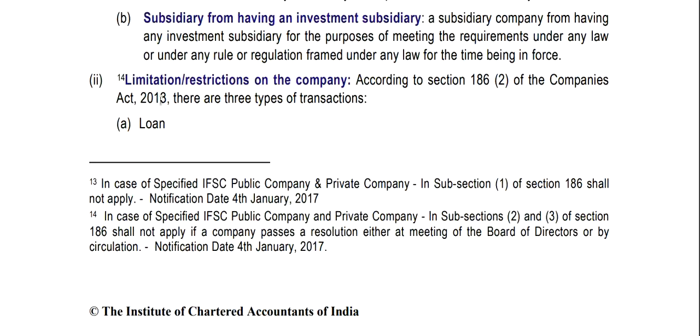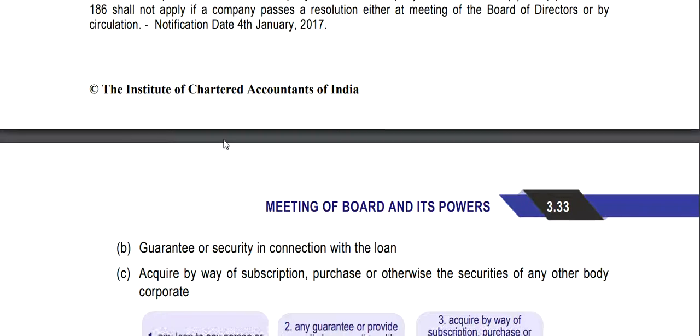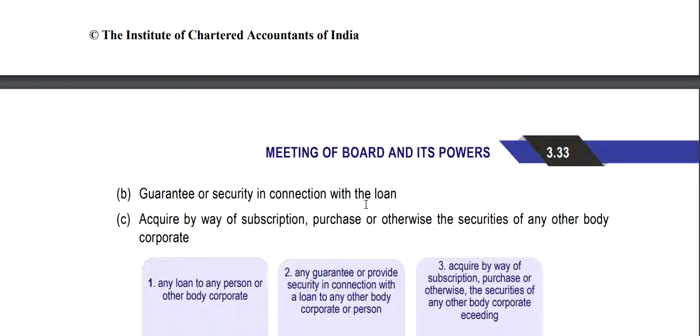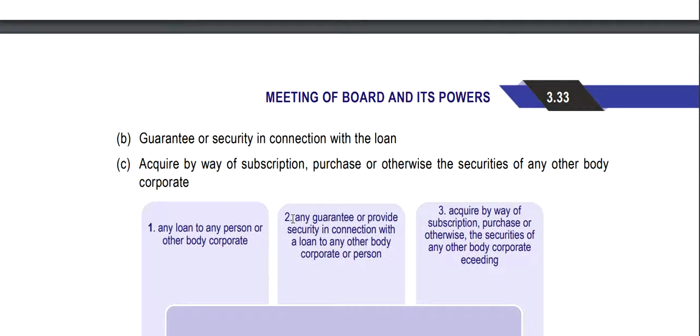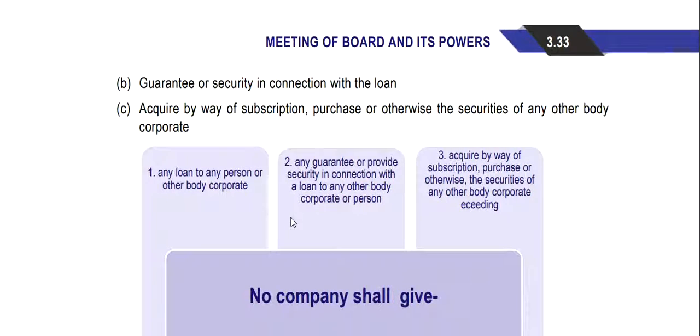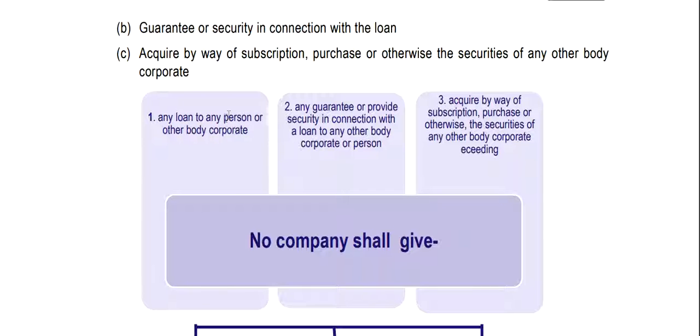This is very important. Section 2, limitation or restriction on the company. According to section 186 subsection 2 of the Companies Act 2013, there are three types of transaction: loan, guarantee or security in connection with a loan, and acquiring by way of subscription, purchase or otherwise the securities of any other body corporate. Any loan to any person, whether employee includes, no, employee does not include actually.